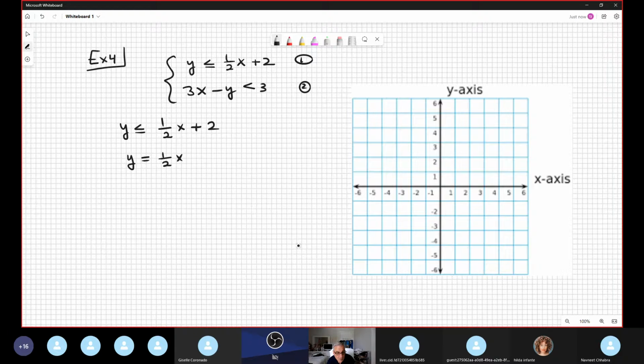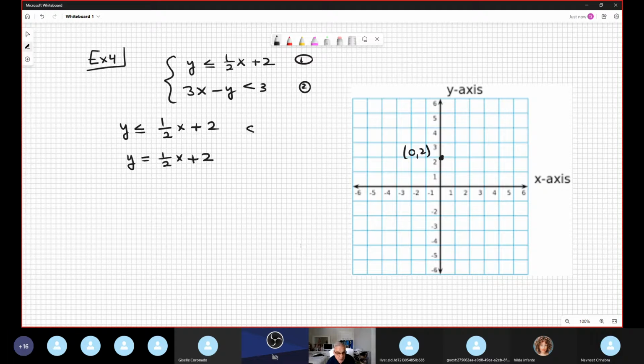I graph this line. The y-intercept is 2, the point 0, 2, is this one. And the slope is 1/2.